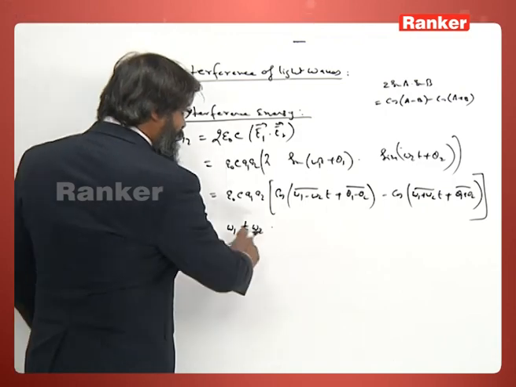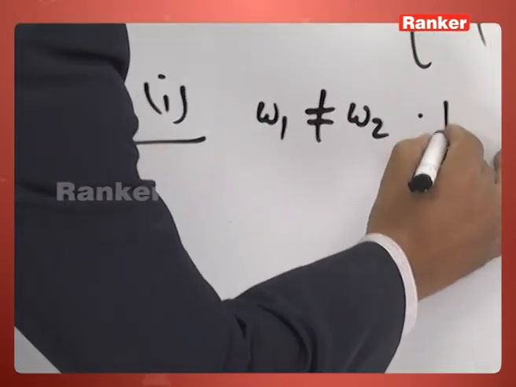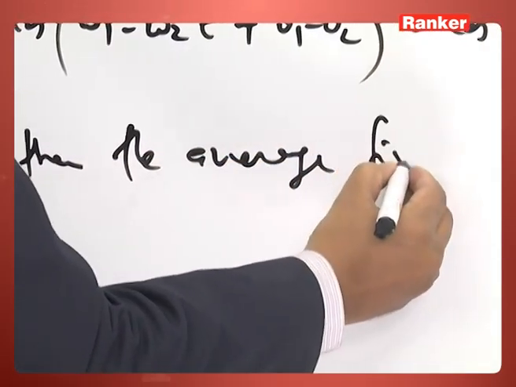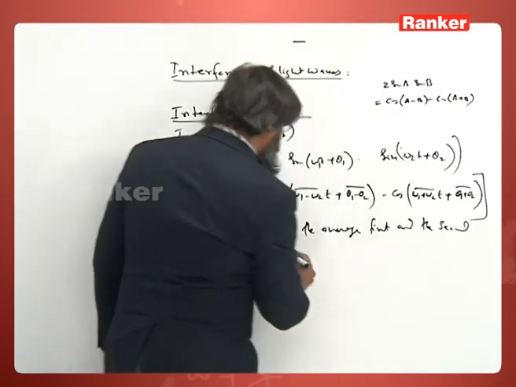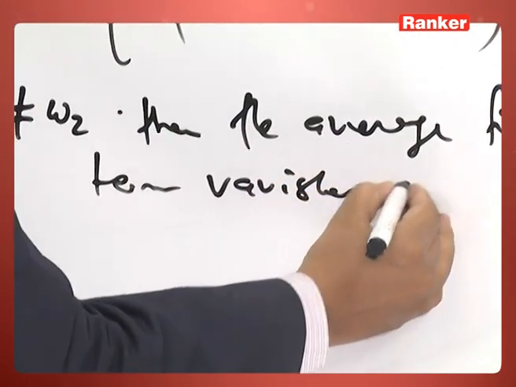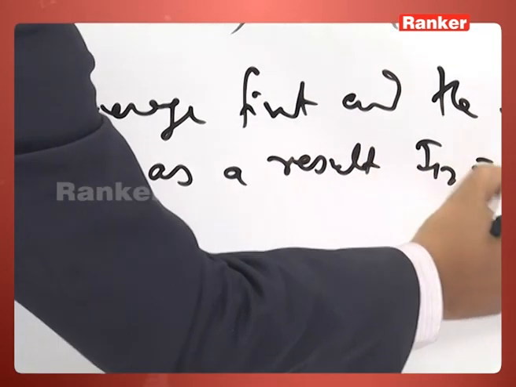So, if omega 1 and omega 2 are not equal, then the average of the first and the second term vanishes. As a result, I12 equal to 0.